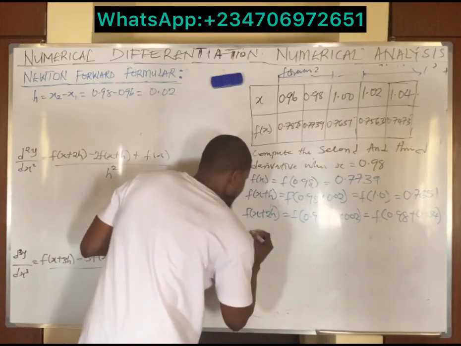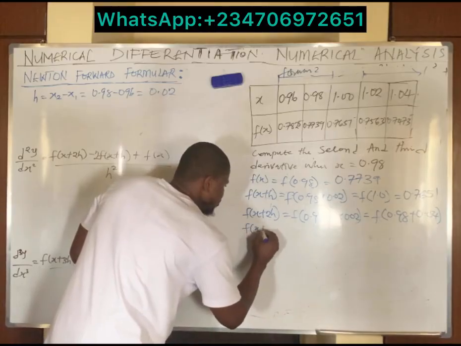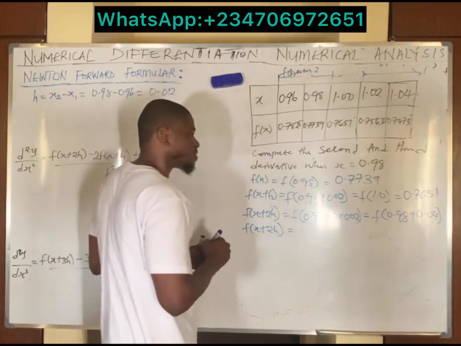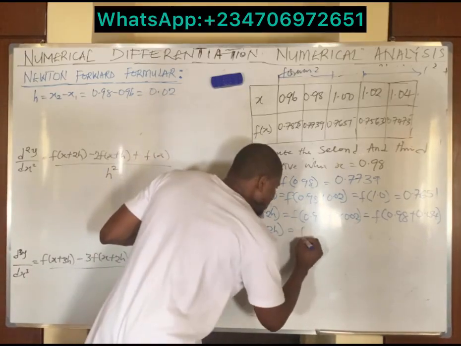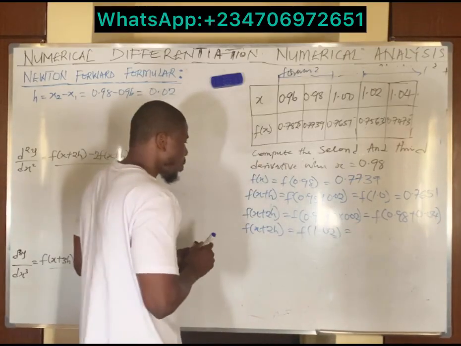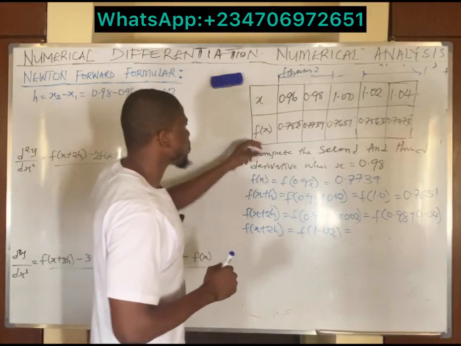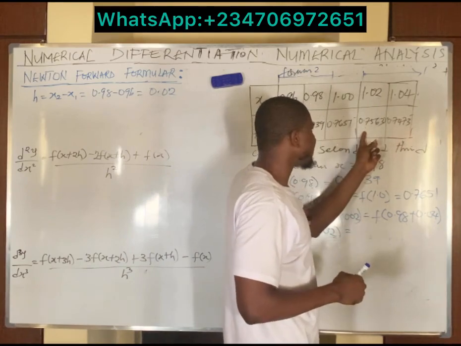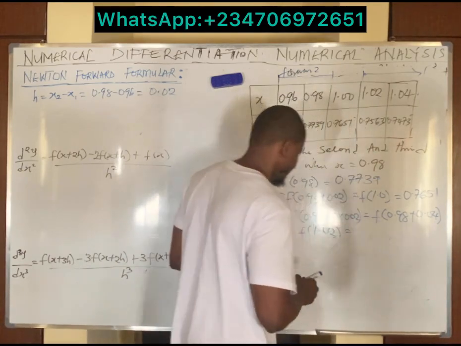So f of x plus 2h is equal to f of 0.98 plus 0.04, which gives us 1.02. So we find f of 1.02. What is the value of f of x when x is 1.02? The value from the table is simply 0.7563.